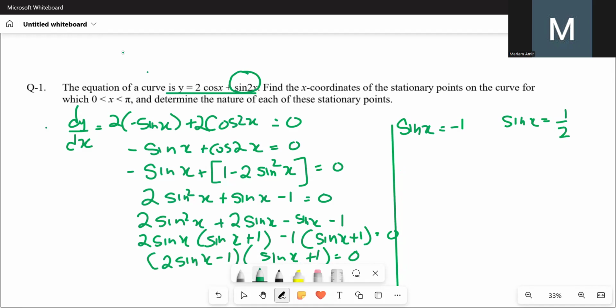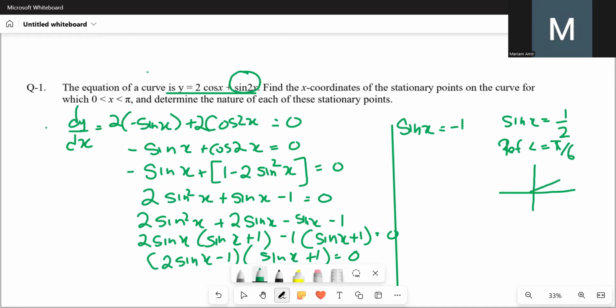All right, now we're going to find the values of x. For sine x equals half, let's find the reference angle. It's going to be shift sine half in radians, which is pi by 6. So the reference angle is pi by 6.